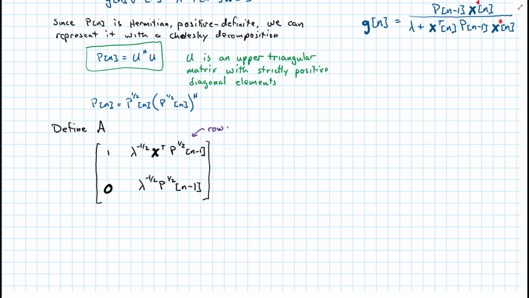This is going to give us a row vector. This will be a matrix. This will be a column of zeros. And of course, the 1 in the upper left is just a 1.